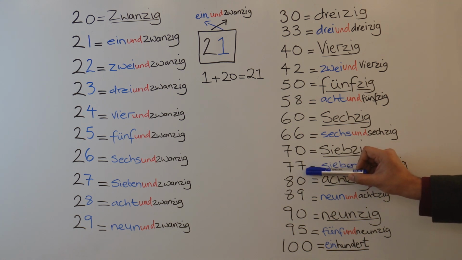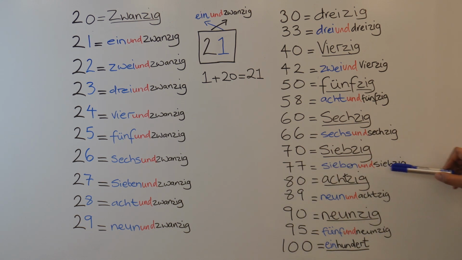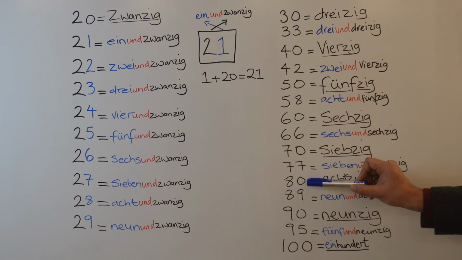The smaller number before the bigger number. 7 before 70. 77. Then 78, 79 and then 80.